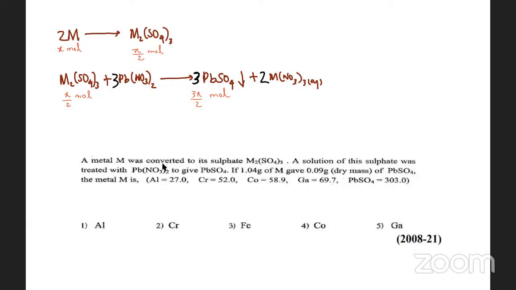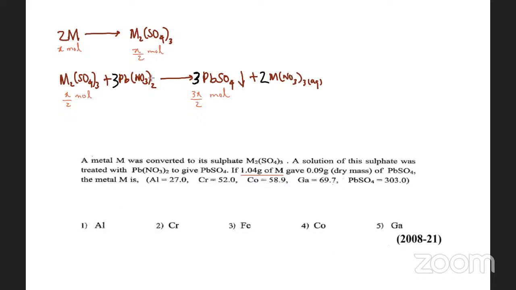Good. I think we need to find out X, because, look at the question, what is the question about? Metal M, if 1.04 grams of M, they have given you the mass of metal M. If I know the number of moles of metal M, I can find out its molar mass and decide which metal that is.